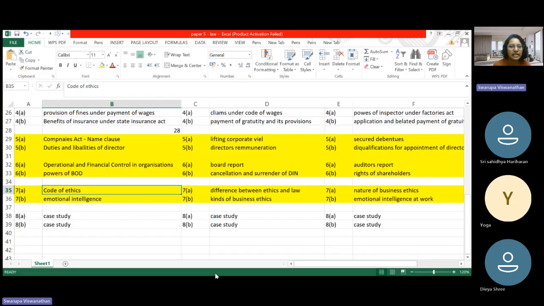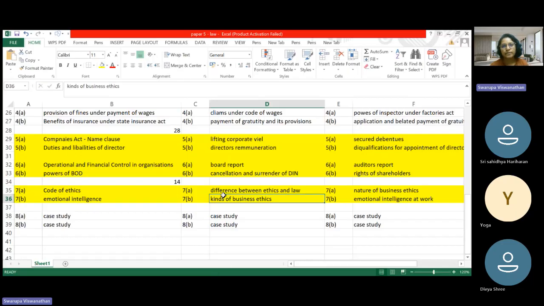So you cannot take it lightly. You have to remember the headers. It is a 14-mark question, easy to score, because it's very easy to remember the components of code of ethics and the different kinds of business ethics. You need to remember only the kinds and then you can explain in your own words.